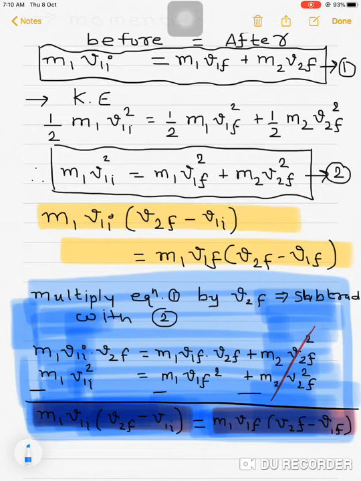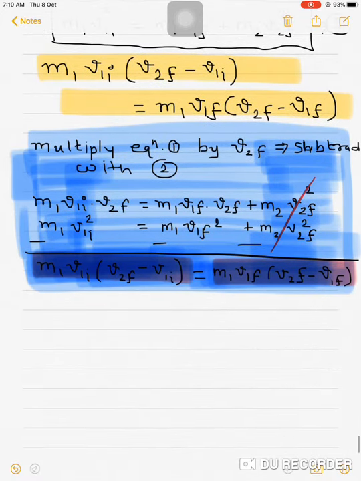Now from this condition, from that yellow portion equation, we can also simplify the equation in a different manner.